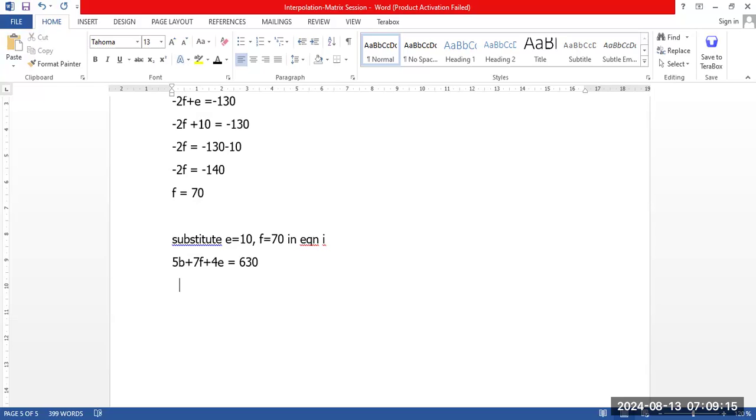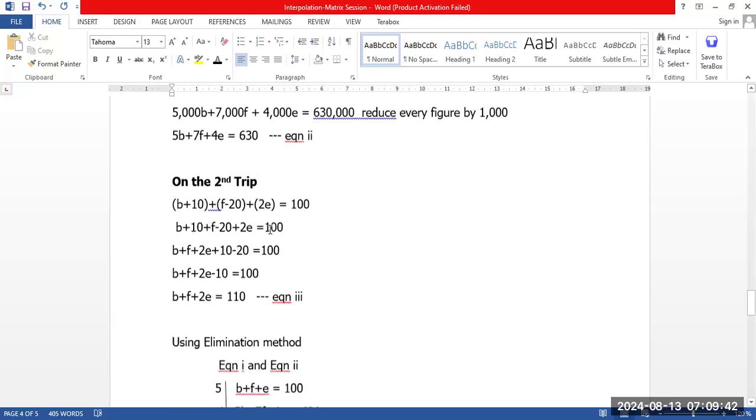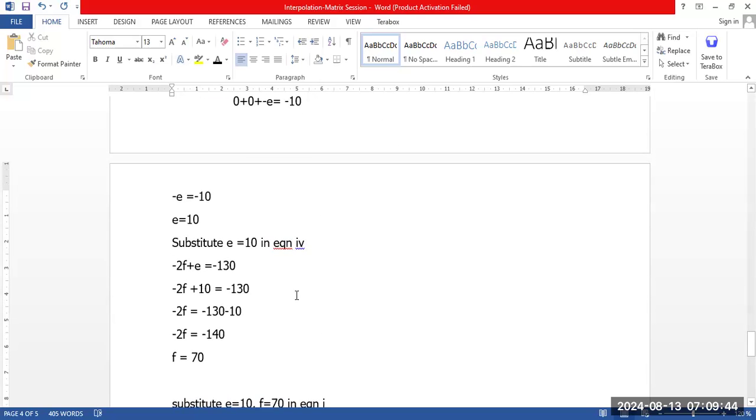Where there is B, this will be 5B plus where there is F, I put 70 times 70, then plus where there is E, I put 10. This will be equal to 6. But is this equation 1? This is equation 3.